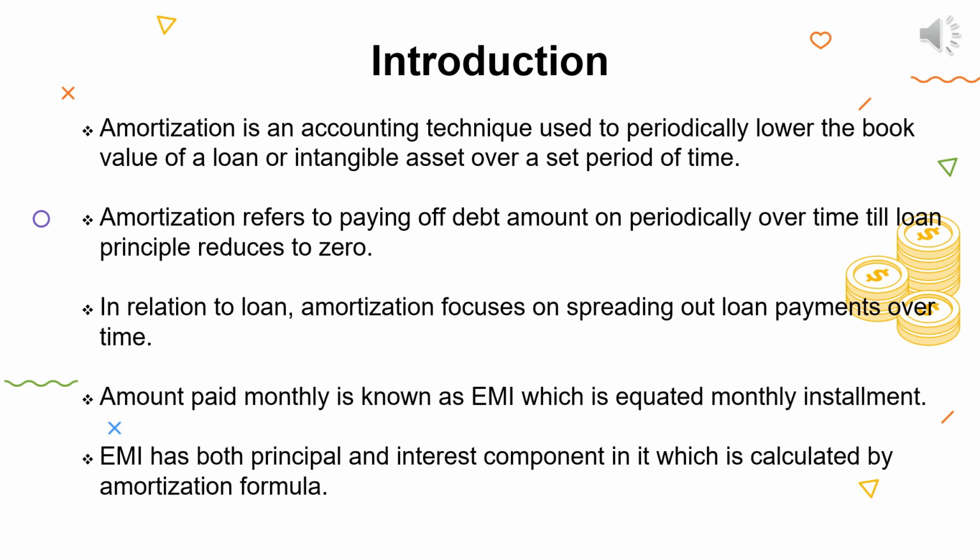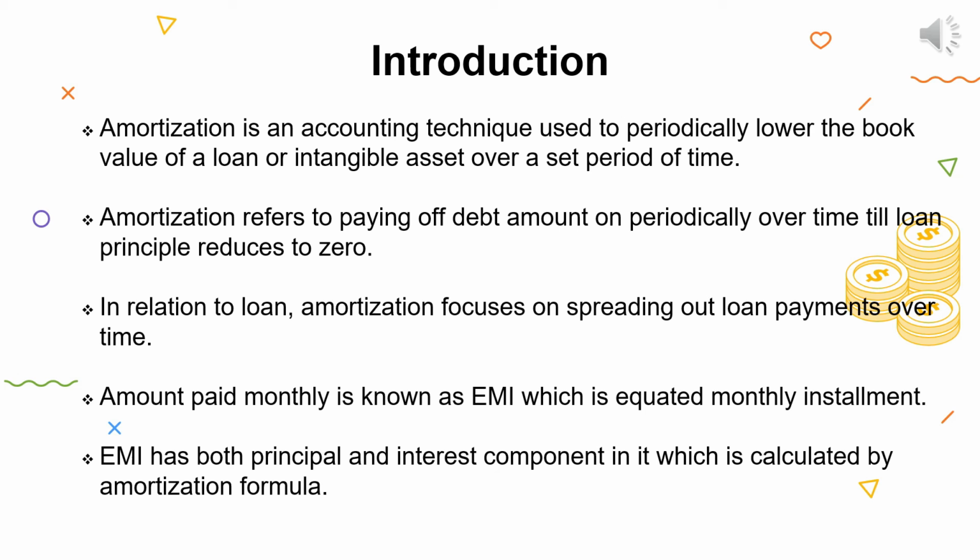So what about the amortization? Amortization is an accounting technique used to periodically lower the book value of a loan or intangible asset over a set period of time. It also refers to paying off a debt amount periodically over time till the loan principal is reduced to zero.